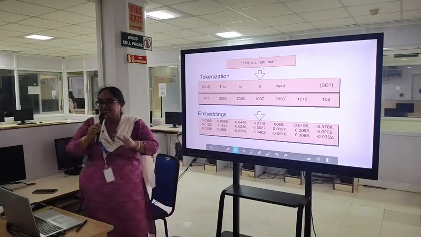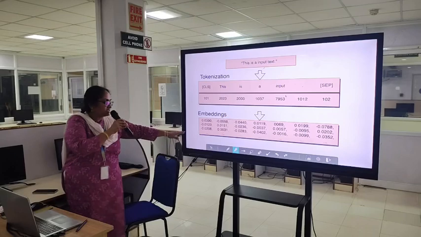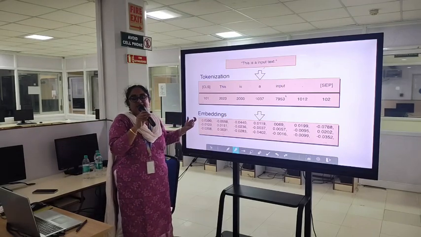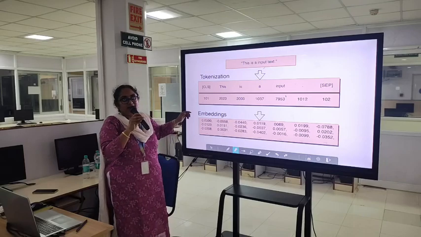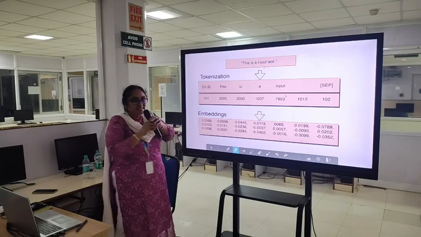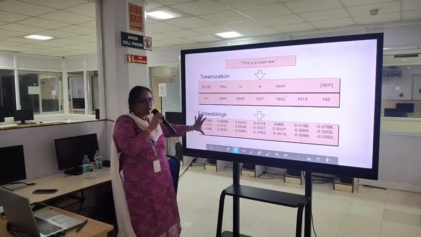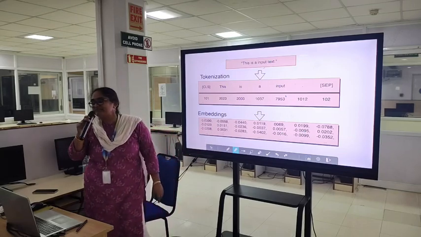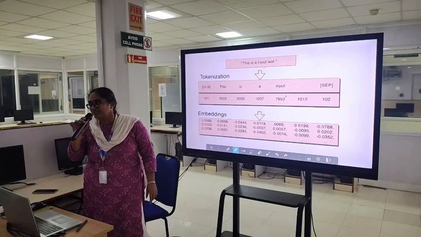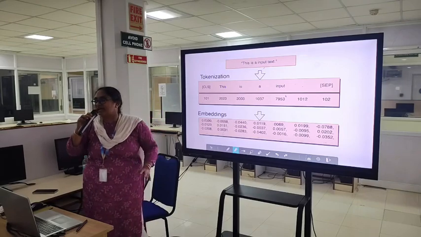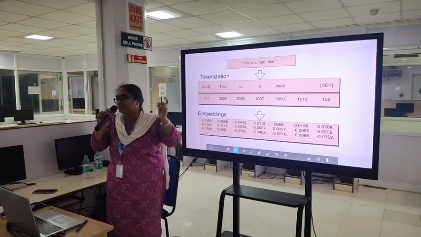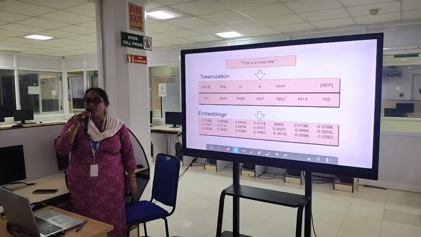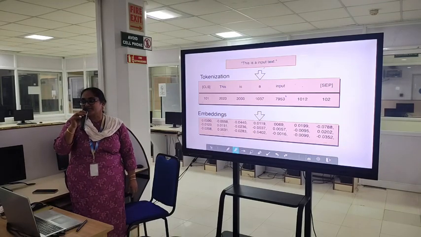Here it is 3 dimensions: one column, 3 values, so 3 into 1, like a matrix of 3 rows and 1 column. But in BERT, you will have 768 into 1, meaning 768 dimensions. I can visualize 3 dimensions, how it will look. Can you visualize 768 dimensions? That is the complexity with which a BERT model comes.